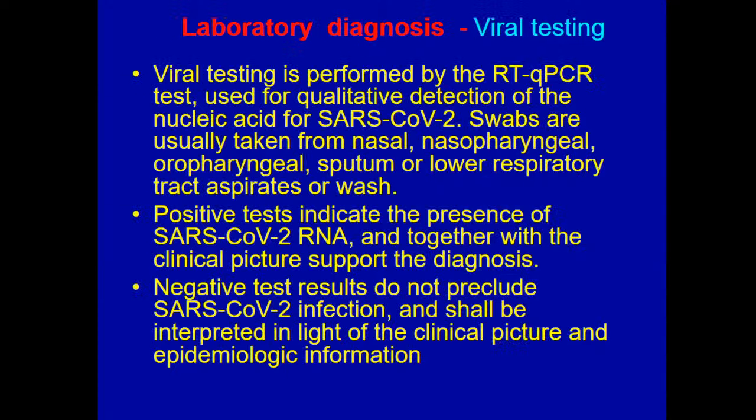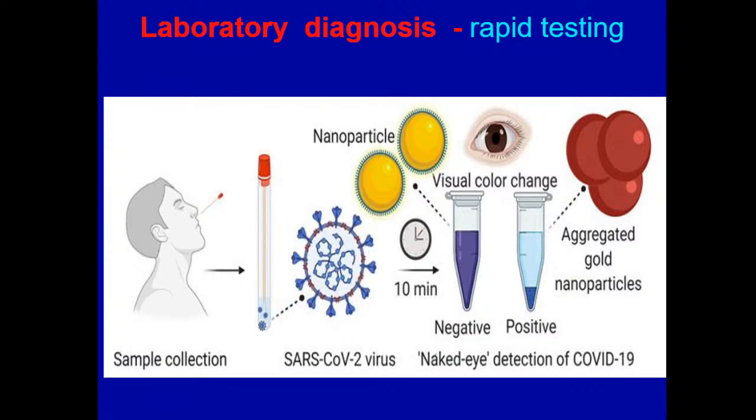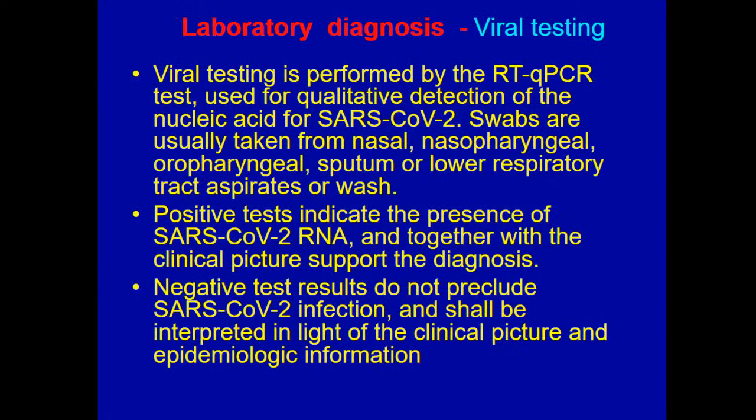Okay, then laboratory diagnosis. My dears, laboratory rapid testing is not laboratory diagnosis. All tests can be classified into several groups. First, the so-called viral testing, my dears. A lot of students call it viral testing, but they think that we find live virus there.